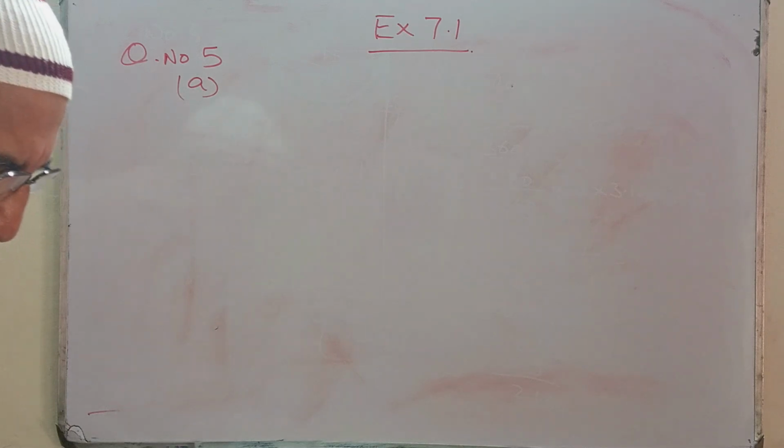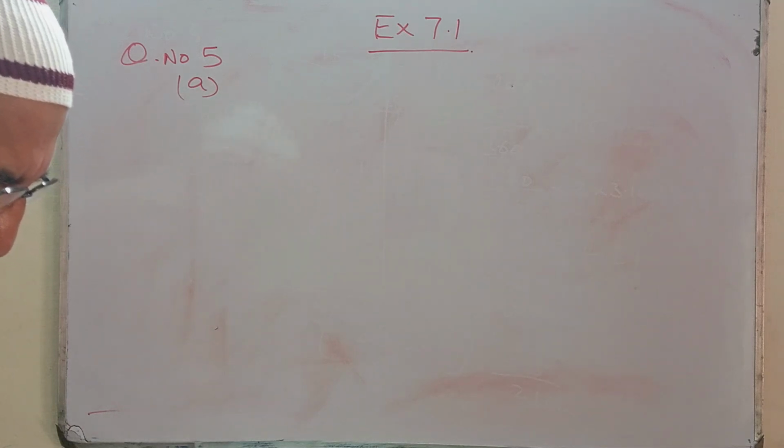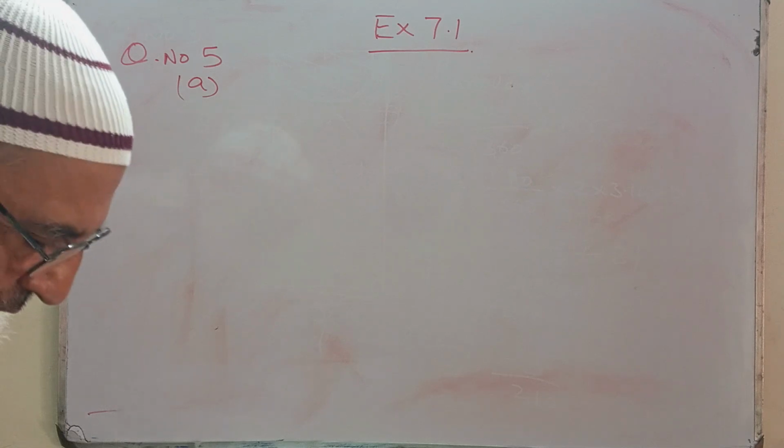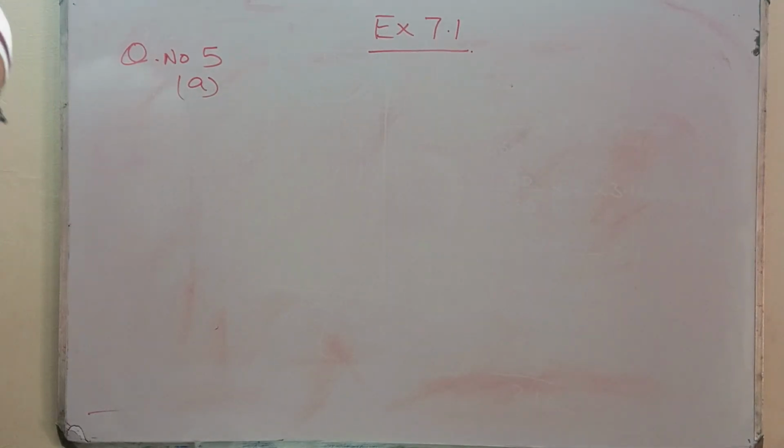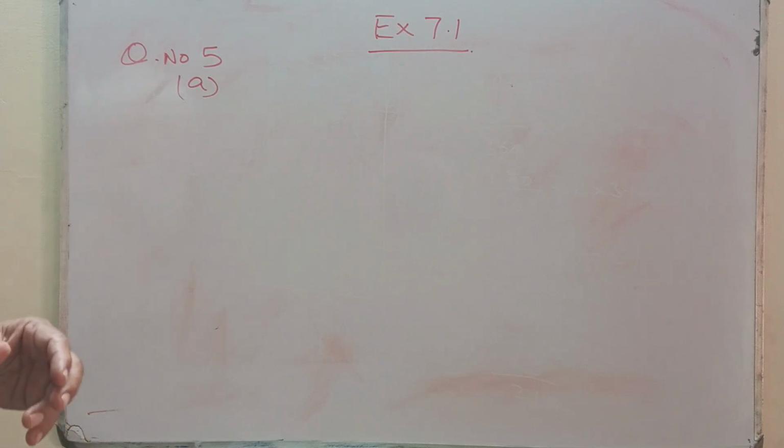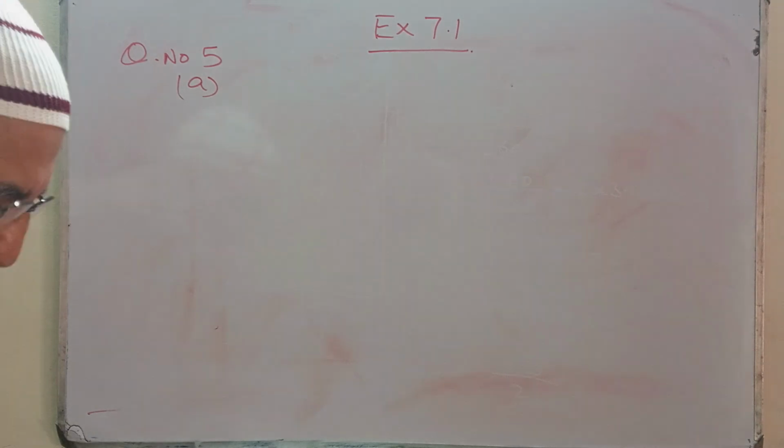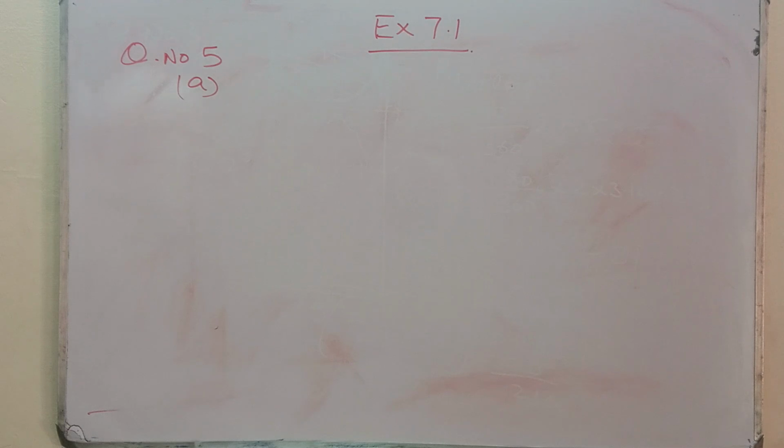For each of the following shapes, you are given the area and the other measurement. Find the unknown length in each. Now the area has been given to us, so we have to reverse the process. We have to climb downwards now, and find the length which is unknown to us, which is given as h or x or y or whatsoever.